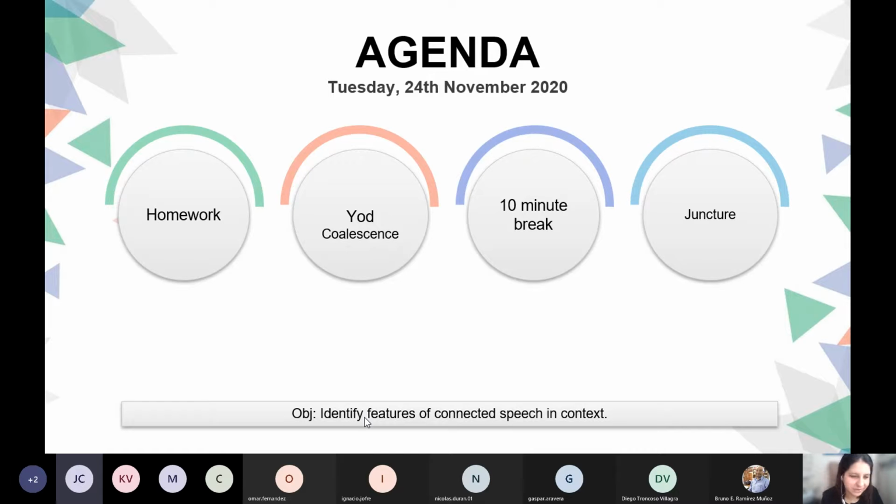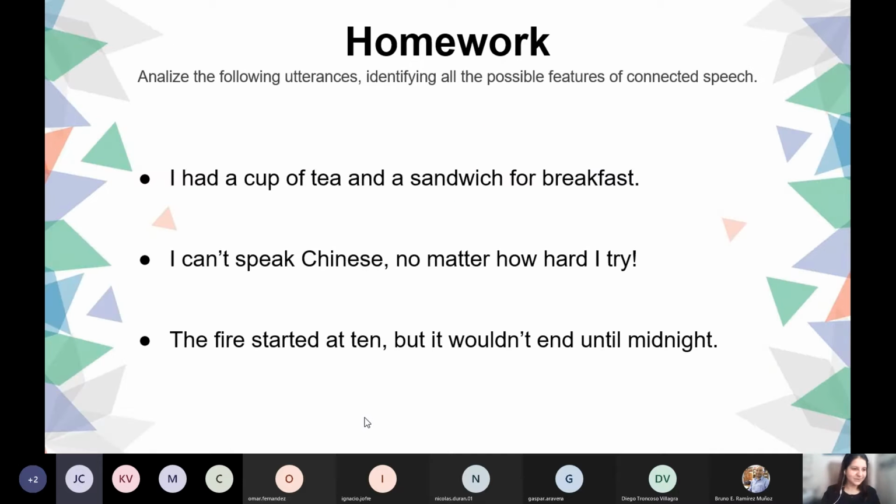So the first part was going to be the homework. But we are going to check that in the next session, if I'm not mistaken. And we are going to move on to the second part, which was yod coalescence. And then we are going to have a 10-minute break, and after that we are going to work with juncture. And it was a homework, but we are going to skip this, and we are going to move to the following topic.